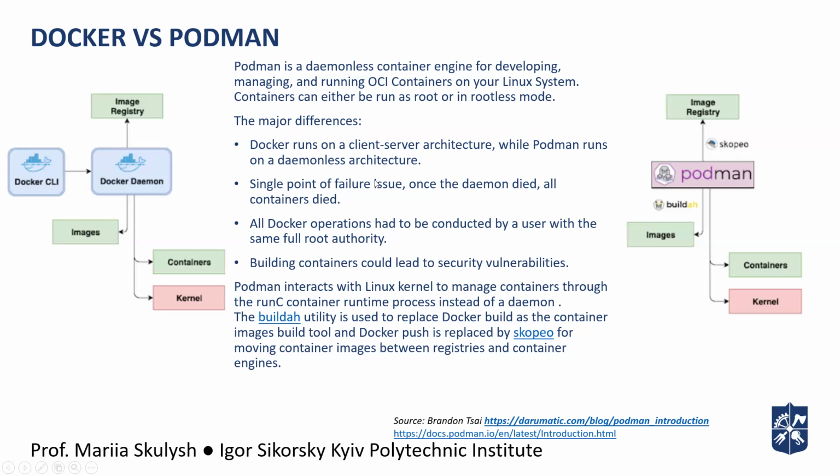Docker has a single point of failure: once the daemon dies, all containers die. I told about this. All Docker operations had to be conducted by the user with the same full authority.